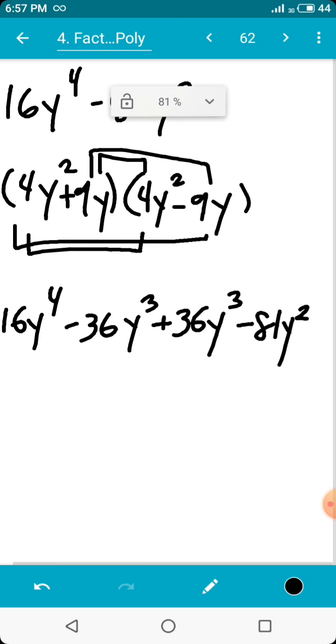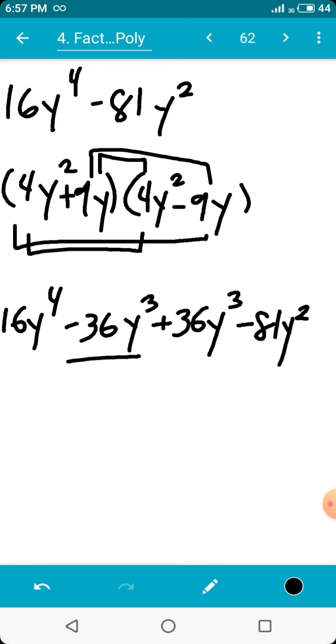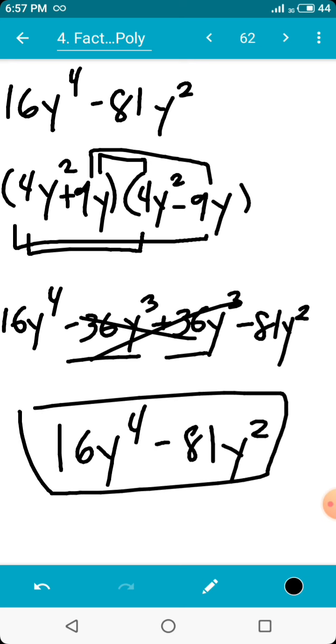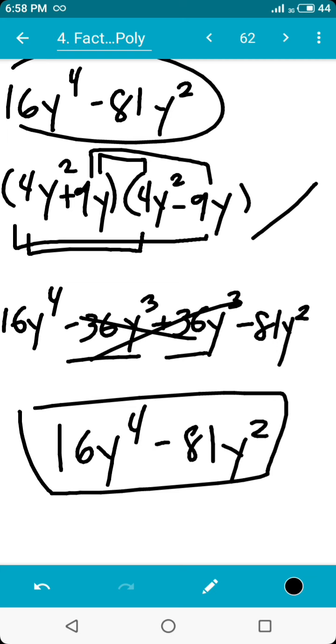So, combine like terms, yung negative 36y cubed at saka positive 36y cubed, cancel out. So, meron na lang tayo 16y raised to 4 minus 81y squared. So, ito yung product at same sila sa polynomial natin. Ibig sabihin, tama ang ating factors na nakuha na 4y squared plus 9y and 4y squared minus 9y.